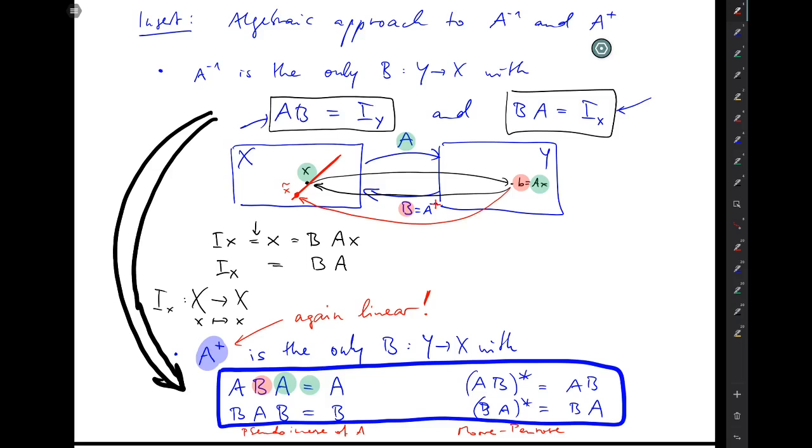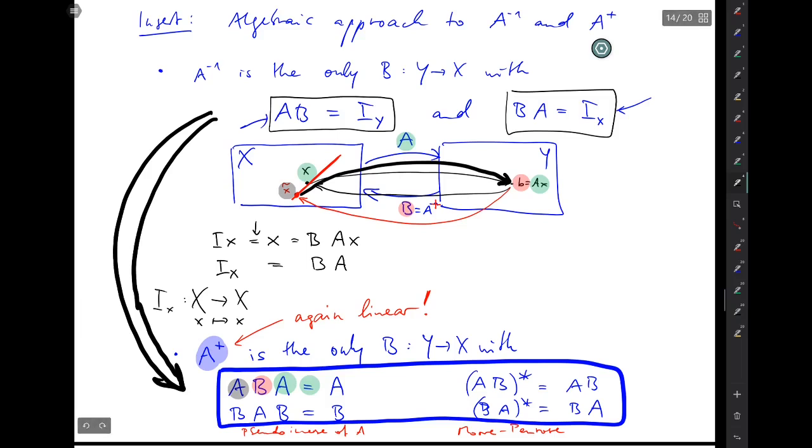Well, you would apply A to x tilde again, but x tilde also solves the equation Ax equals b. So applying A again to this would bring you forward to the same b where you've been in between.